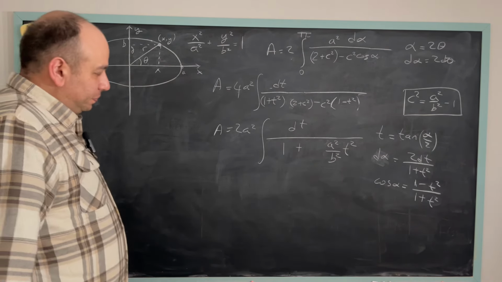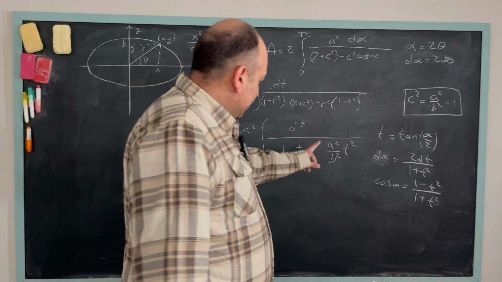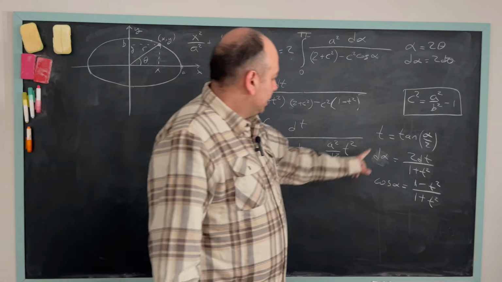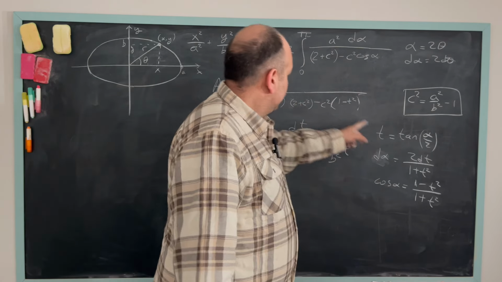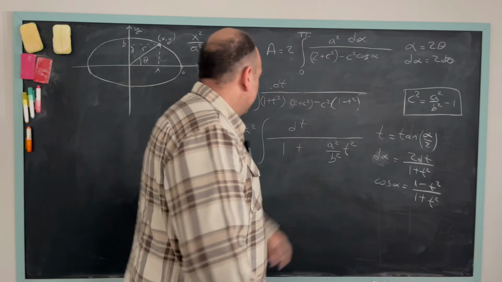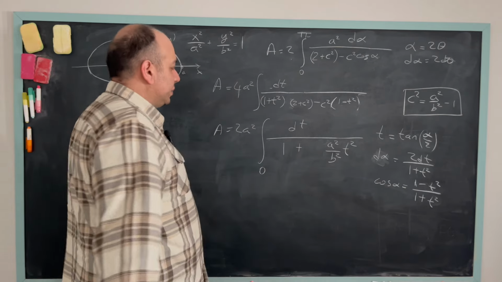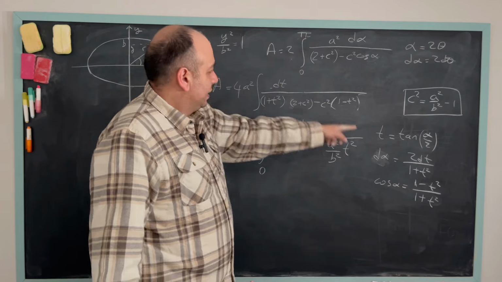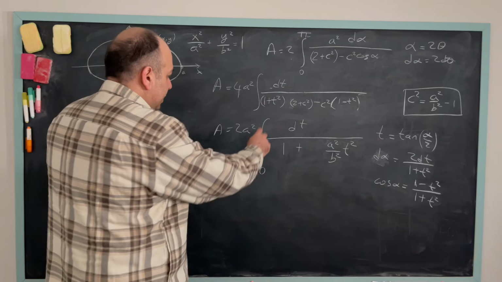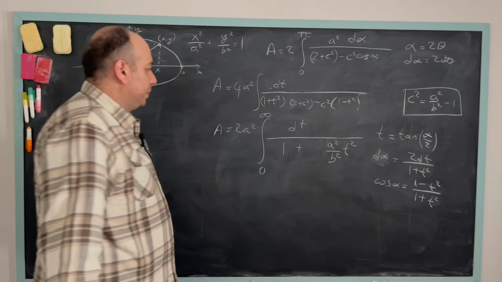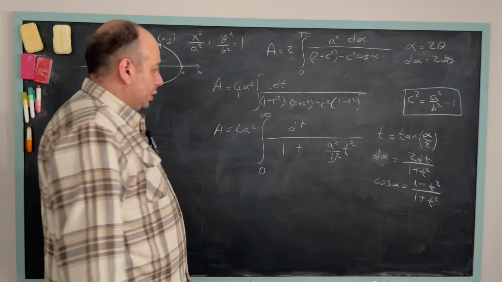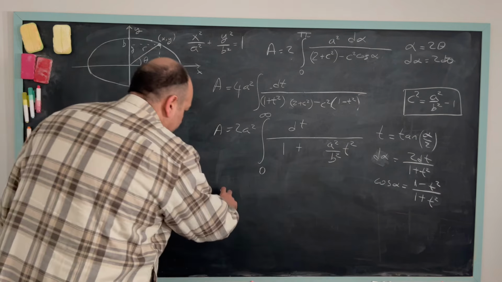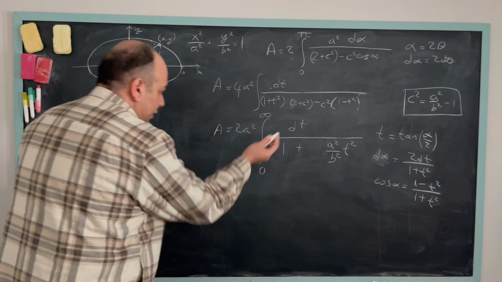So in this case, what are the limits? When alpha is equal to 0, t is equal to 0. So this is the lower limit. What is the upper limit? When alpha is equal to pi, tangent pi over 2 is simply infinity. Okay, very good. So at this point, we can make a u substitution, as you may agree.